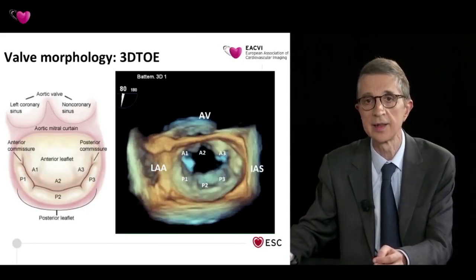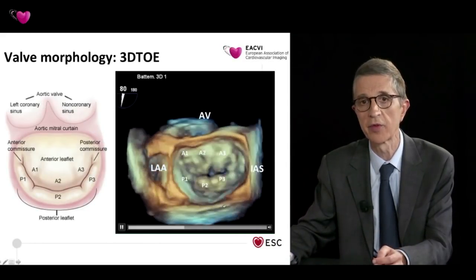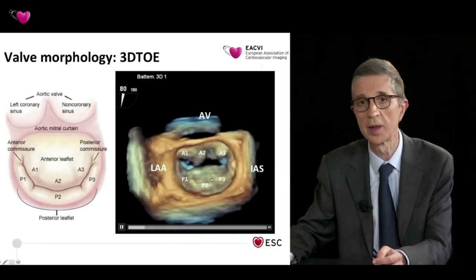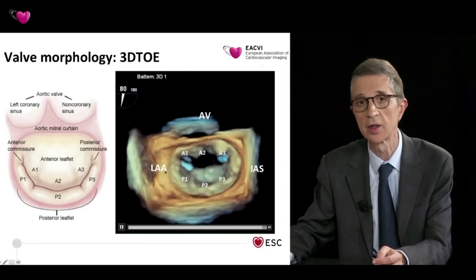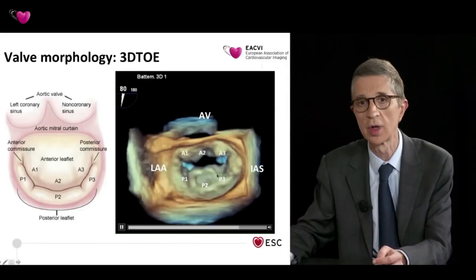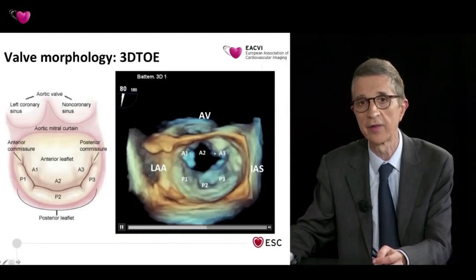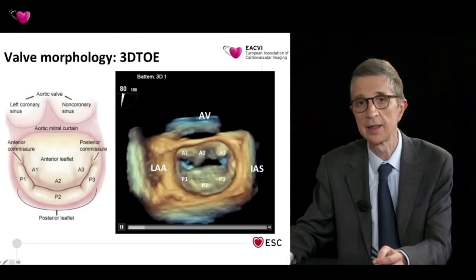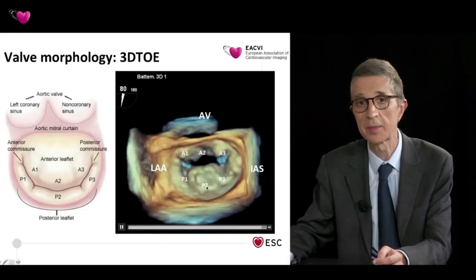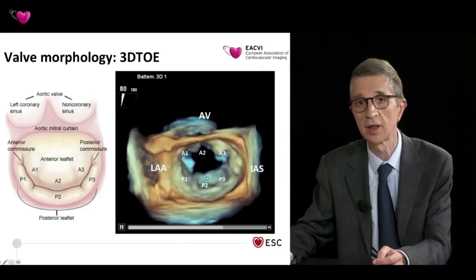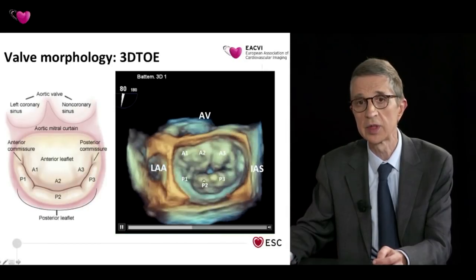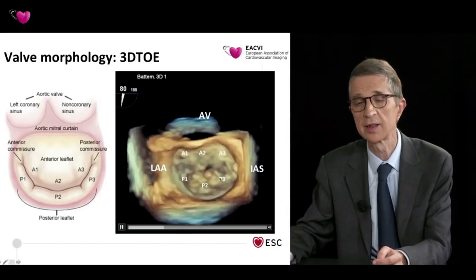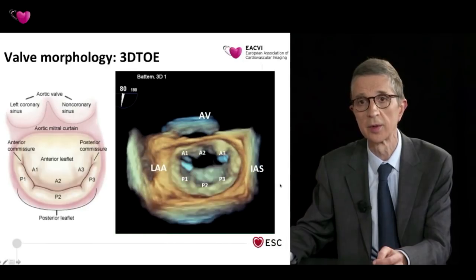And you can easily see here the different scallops of the leaflets, P1, P2, and P3, from the anterior commissure to the posterior commissure, and the anterior leaflet here, close to the aorta. You can easily differentiate a P2 prolapse, which is localized only here, from a P2, P3 prolapse here, which extends also to the P3 segment.